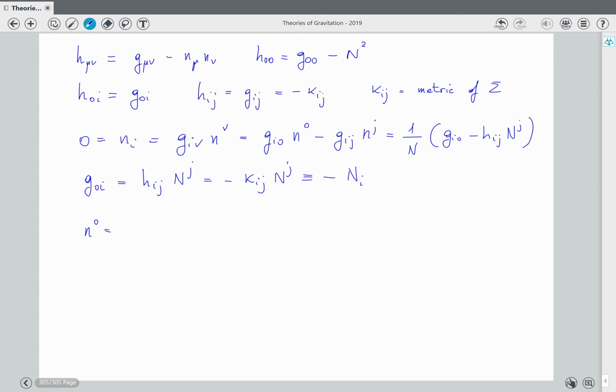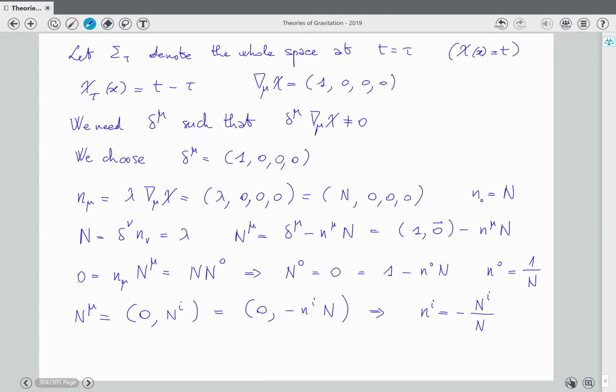n with upper index 0, we said, is 1 over capital N. Good.